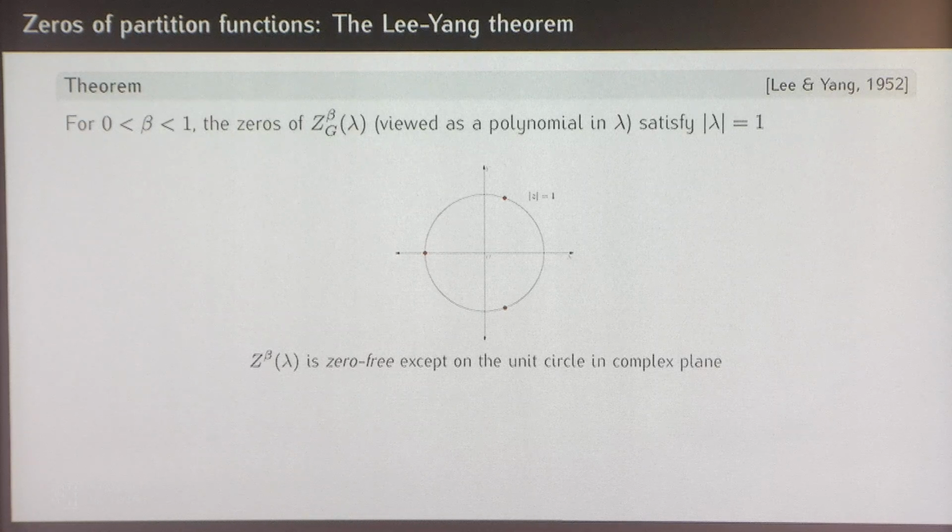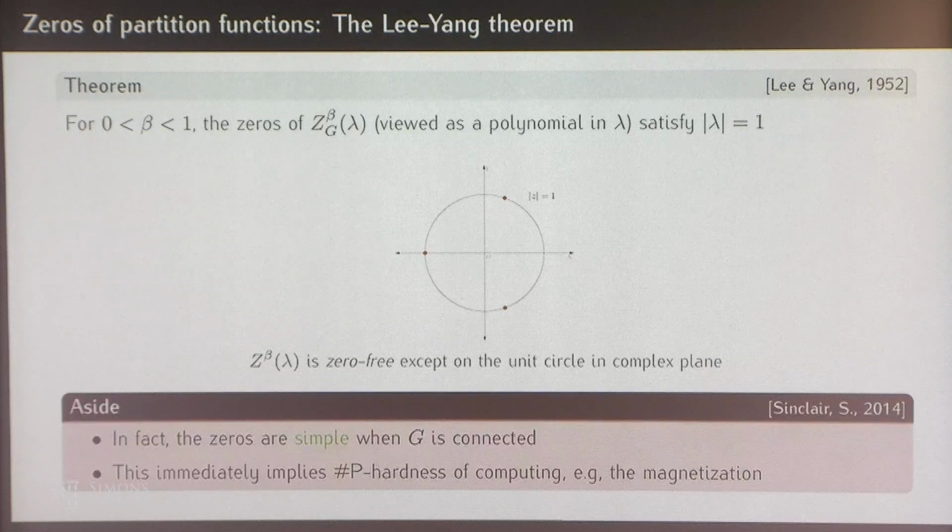Before I go into using the Lee-Yang theorem and its extensions for approximation algorithms, let me also mention that one can show a curious fact: the zeros are actually simple when the graph is connected.